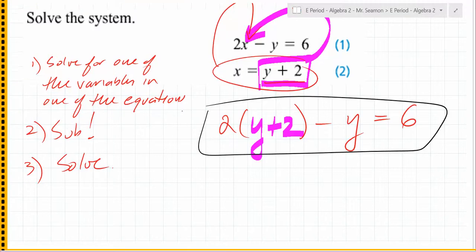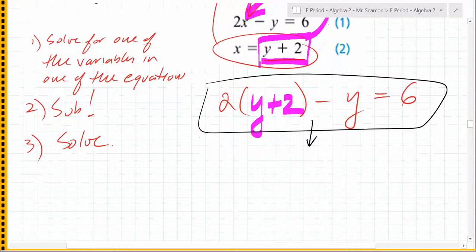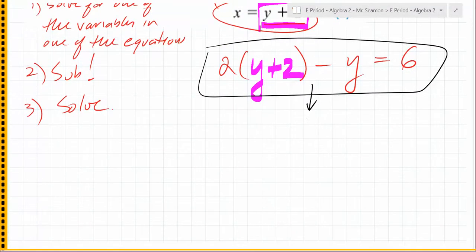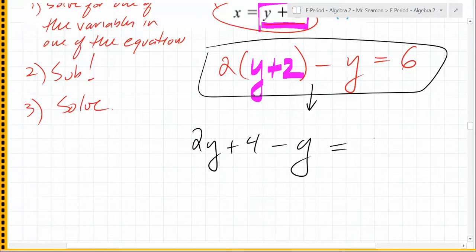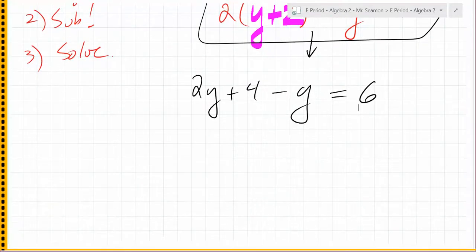One word for what's the next step to solve this. Distribute. 2y plus 4 minus y is equal to 6. What should I do next? Combine like terms.